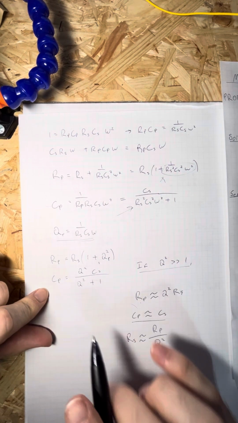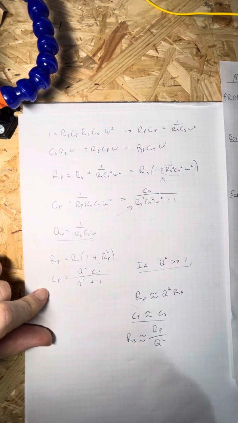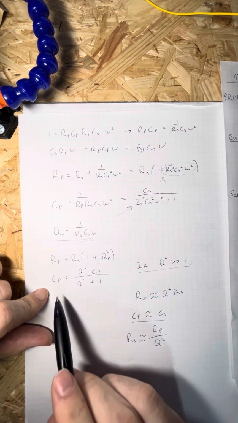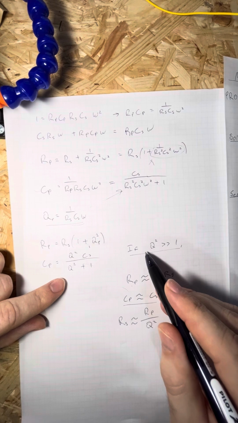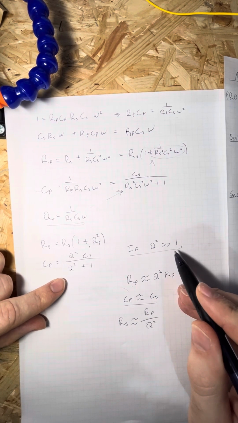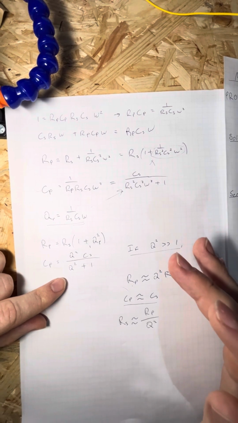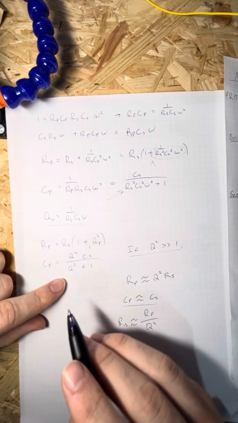Okay, and we have our value for Cp as well, and we'll see that this doesn't matter as much as it does for the resistance. What I mean by that is, if we assume that this quality factor squared is much larger than 1, which turns out to be valid for a lot of conditions, we can ignore the 1.